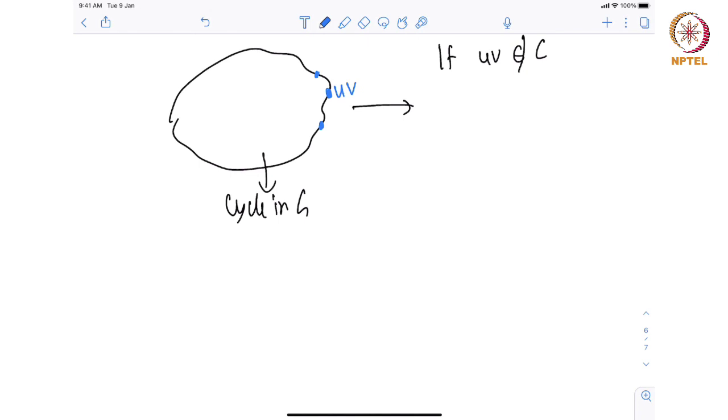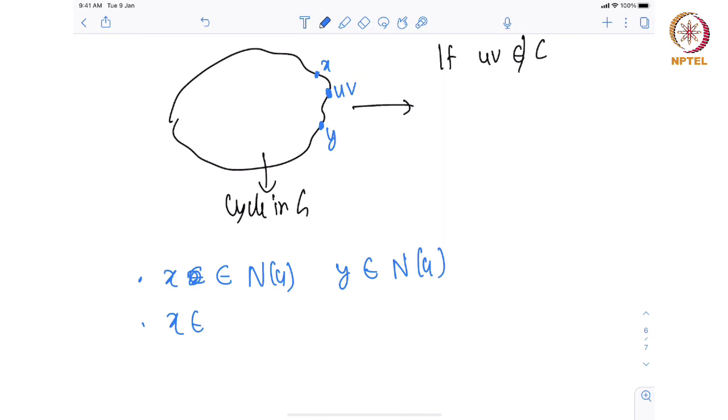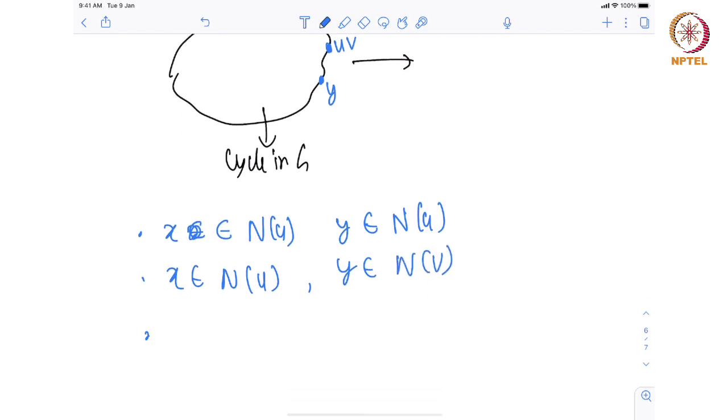So, look at x, y and uv. On this cycle, first case, x is a neighbor of u, y is also a neighbor of u. Another possibility: x is a neighbor of u, y is a neighbor of v. X is a neighbor of v, y is a neighbor of u.